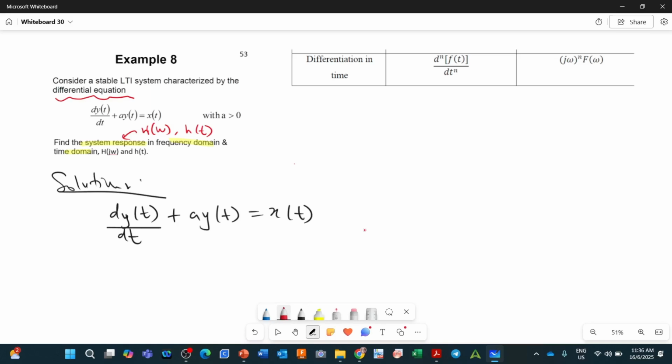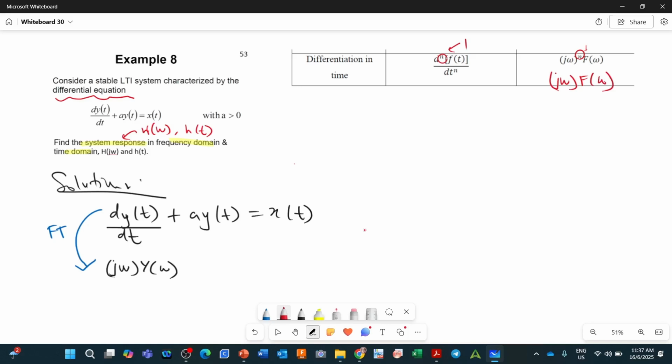You have j omega only. So we write dy/dt as j omega Y(omega), because n here is equal to 1, right? So when you have 1 here, you have j omega F(omega).